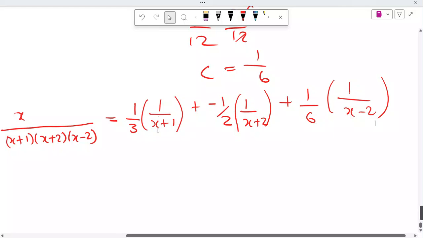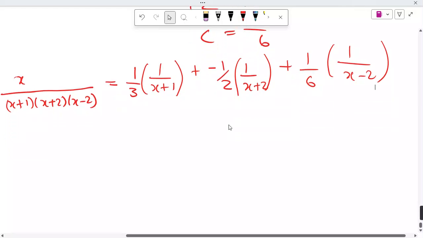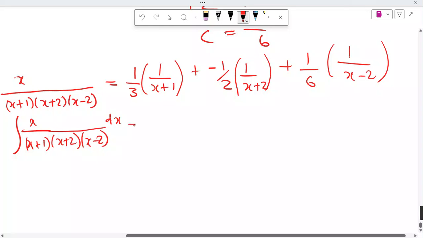Since we know this is simple, we can integrate this, we can integrate this, we can integrate this. So we write now integrating x over x plus 1, x plus 2, x minus 2 dx is same as integrating everything here.